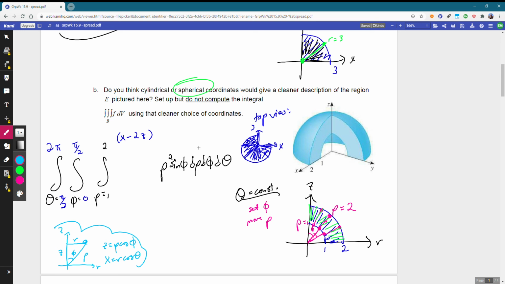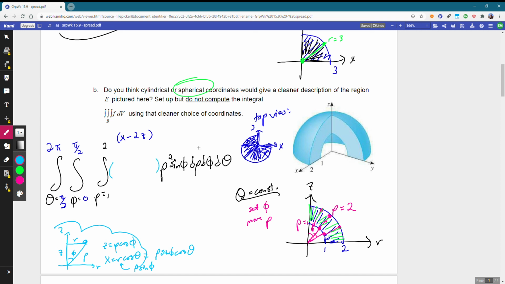x from polar is r cosine theta, and r from our picture here is rho sine phi, and so x is rho sine phi cosine theta. And so we'll pop those in.